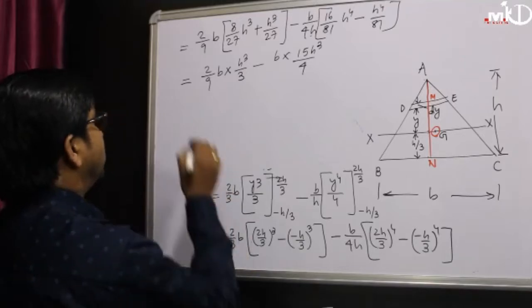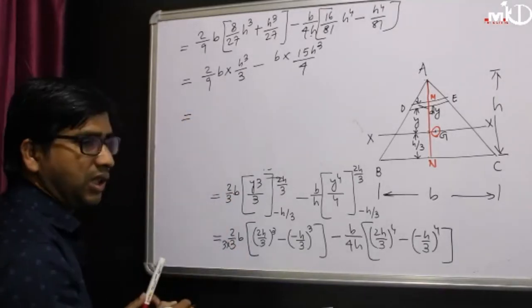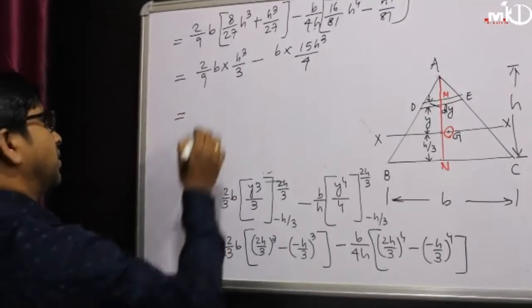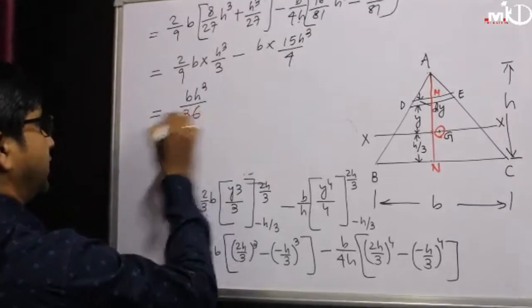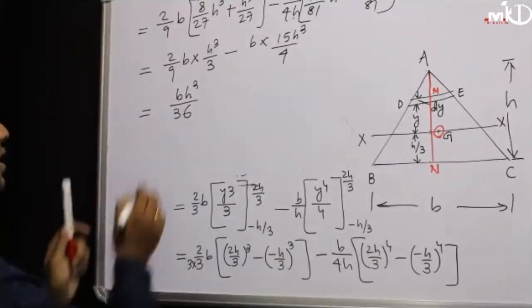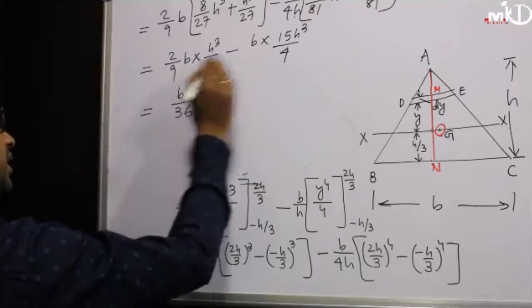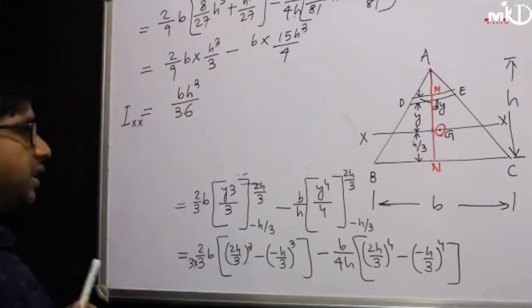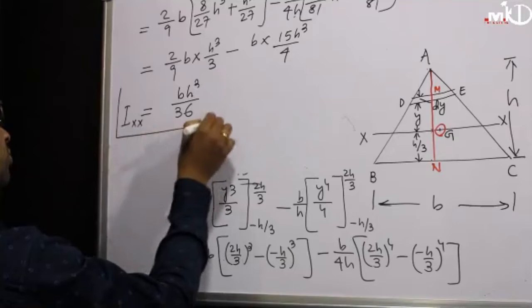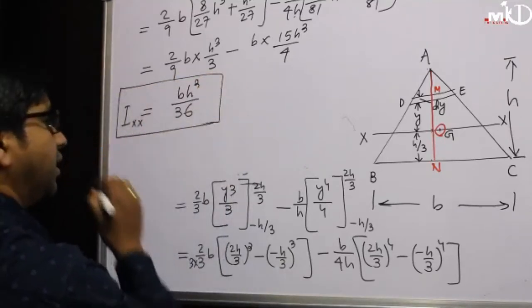The final expression you will find is b h cube divided by 36. If you simplify, we find the moment of inertia about its central axis, that is the x-axis, equal to b h cube by 36.